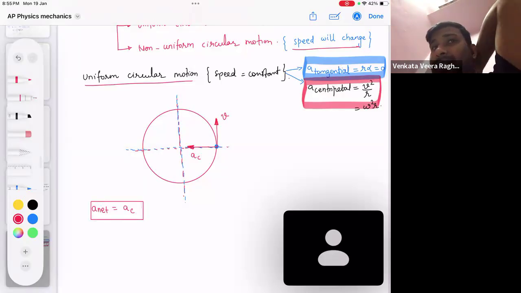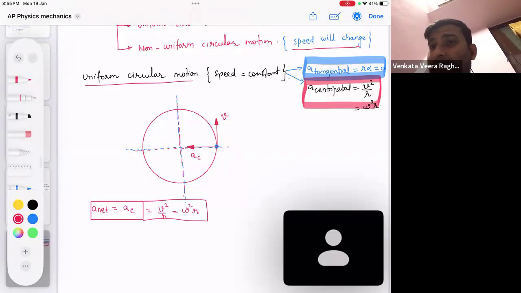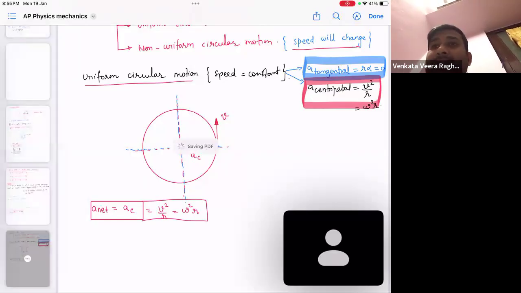In a uniform circular motion, the only acceleration the particle will have is the centripetal acceleration. And how much is that? It can be written as v square by r, or it can also be written as omega square into r. So we have to discuss some examples on this topic now. Okay, uniform and non-uniform circular motion.